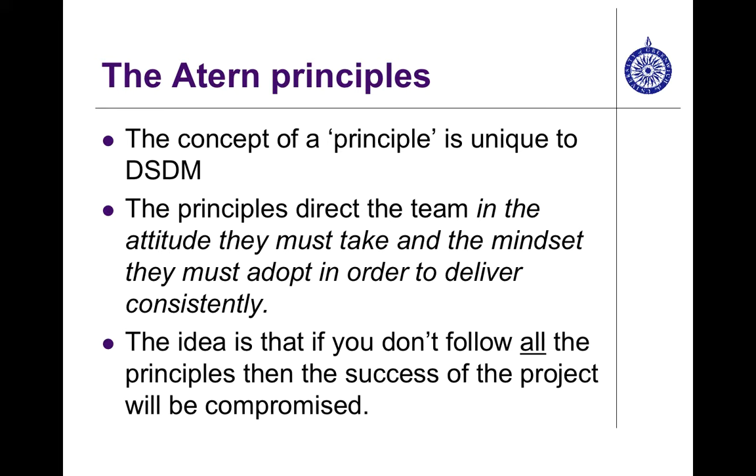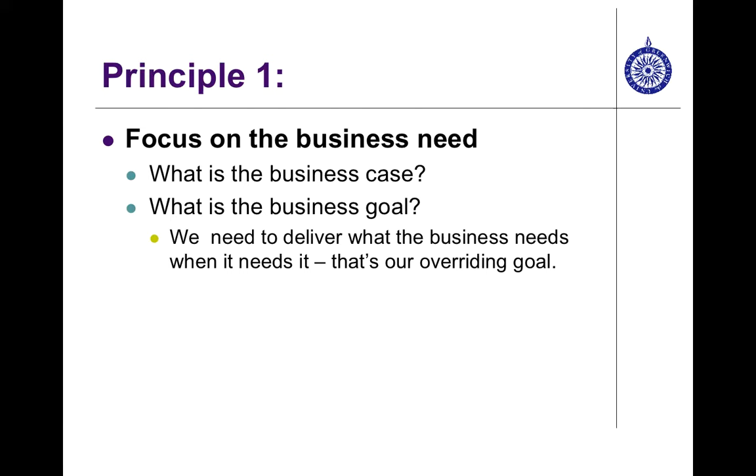So next, we have learned about the general meaning of principle. And next, we will have a look at 8 different principles of the DSDM. And the first principle is we have to focus on the business needs. What does this mean?